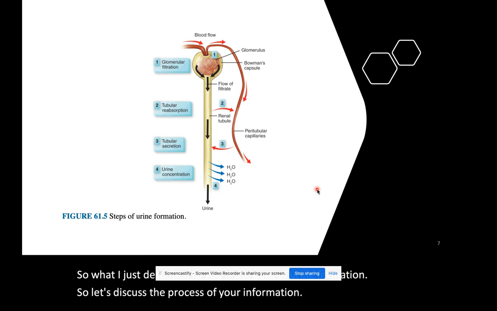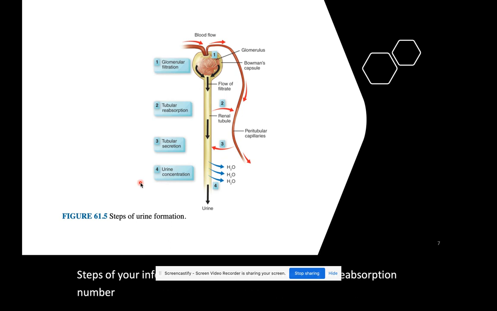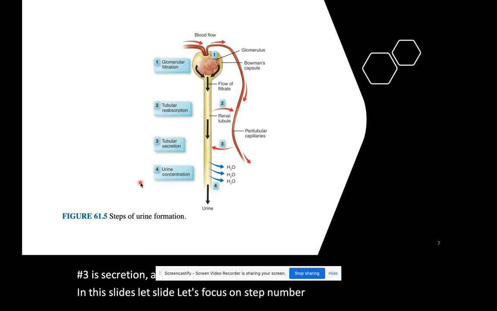As you can see, there are four steps of urine formation. Number one is filtration. Number two is reabsorption. Number three is secretion. And number four is concentration. In this slide, let's focus on step number one, which is filtration.